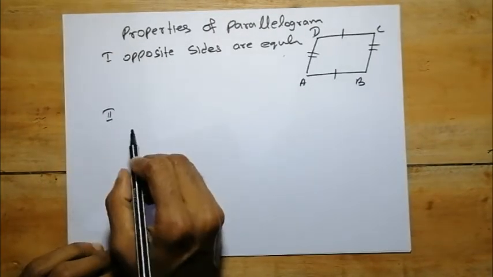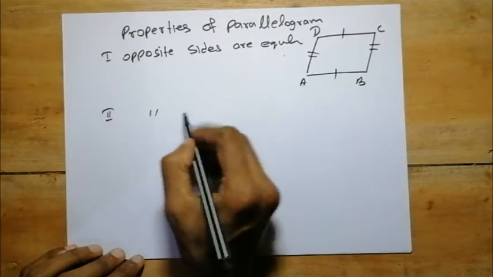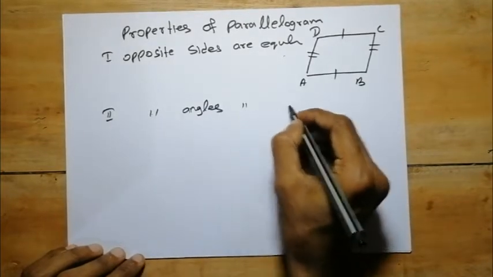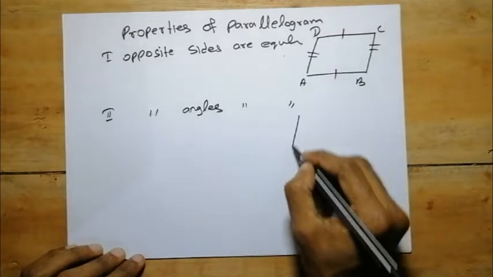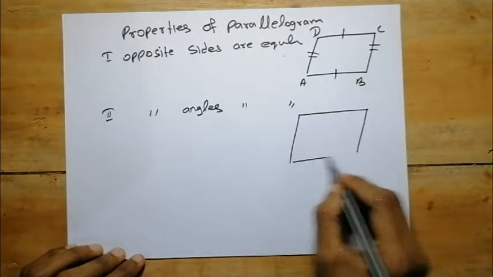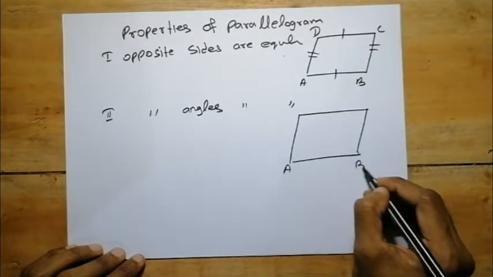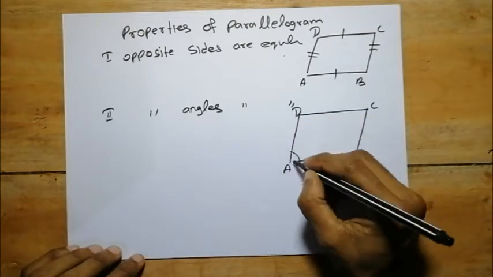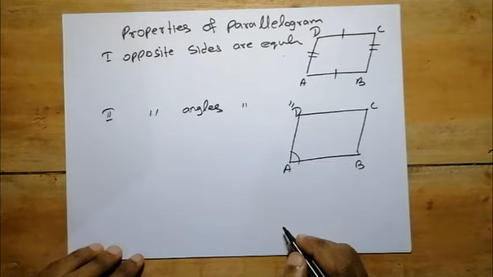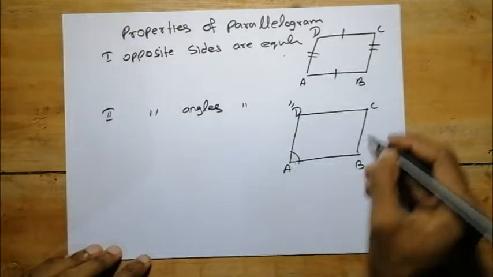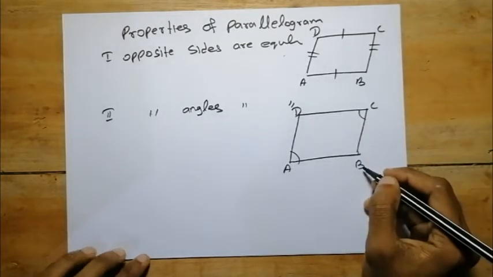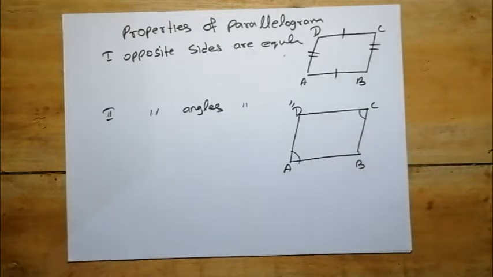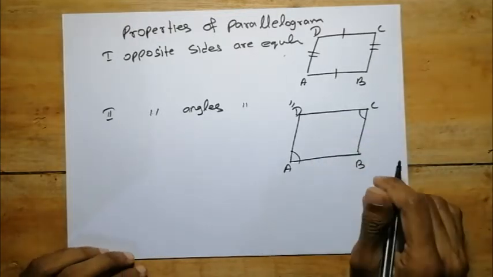Second part, opposite angles are equal. So okay, if you draw a parallelogram with the same name ABCD, the angle on vertex A and the angle on C are opposite angles.